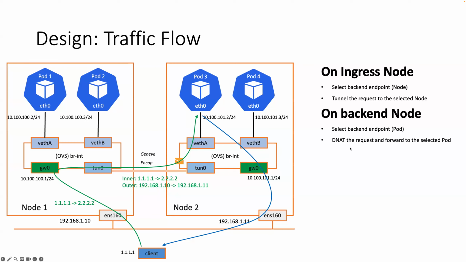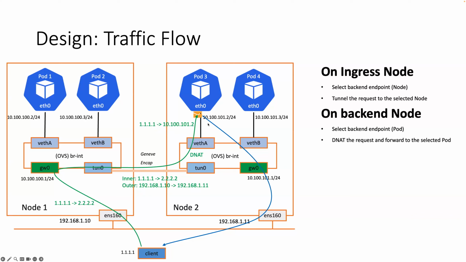After we select one backend pod, we will perform DNAT on this node and forward the request packet to the selected backend pod. And now, the backend pod receives the traffic with the original source IP and with the destination IP set to itself. So it will respond to the client IP directly.